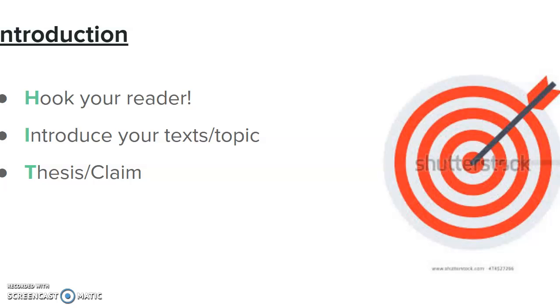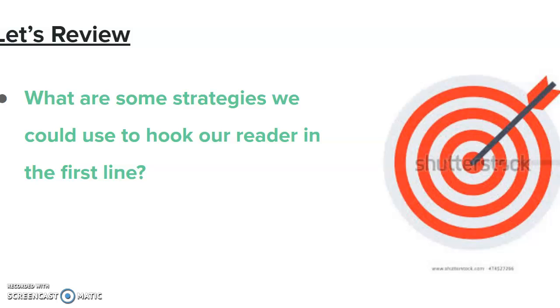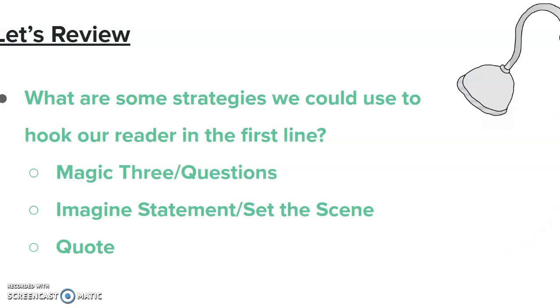your essay. So, what are some strategies we could use to hook our reader in the first line? Well, last year we talked about a few. So we have our magic 3 questions, where maybe you're starting off with a series of 3 really thought-provoking questions, not like, have you ever read a fairy tale?